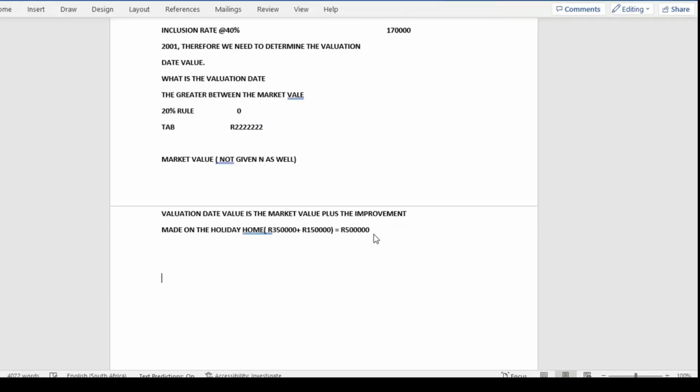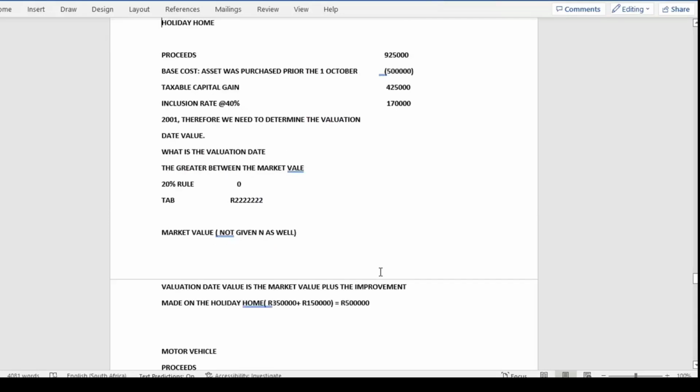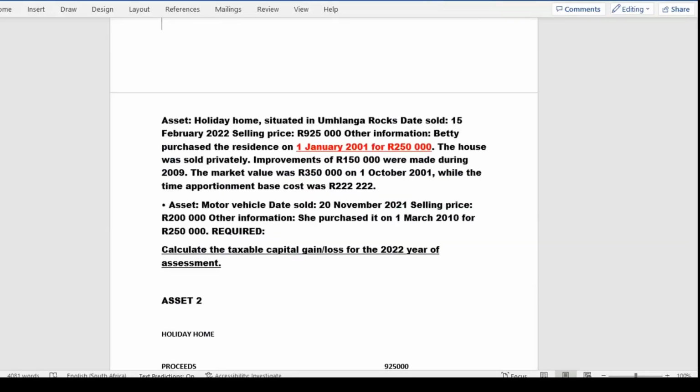All right, let's have the last asset, which is the motor vehicle. The same process will be followed with your proceeds. When you less its cost, then you get your gain or taxable gain. The motor vehicle date sold is the 20th of November 2021, that's after the 1st of October 2001.